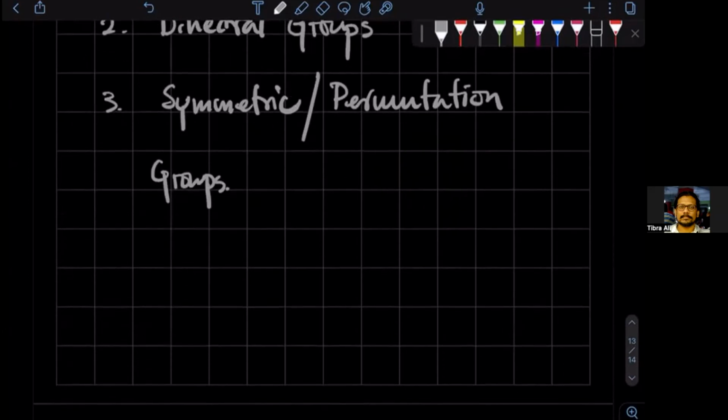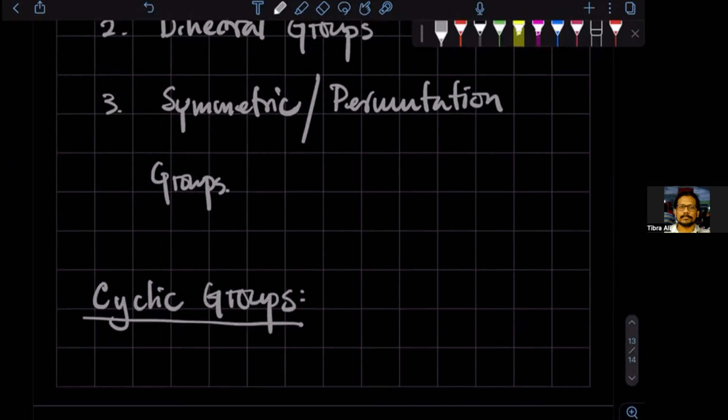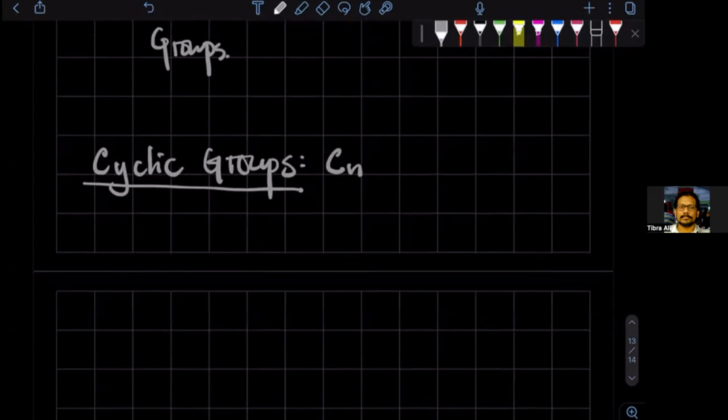All right, so first, let's discuss the cyclic groups. They are usually denoted by Cn, and mathematicians call them something else; we will come to that shortly.